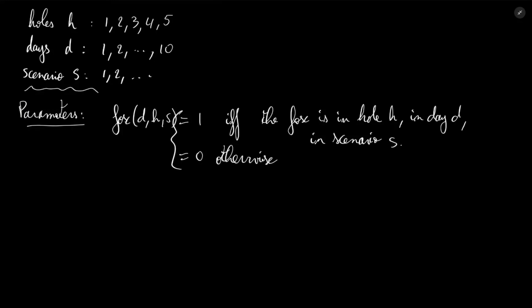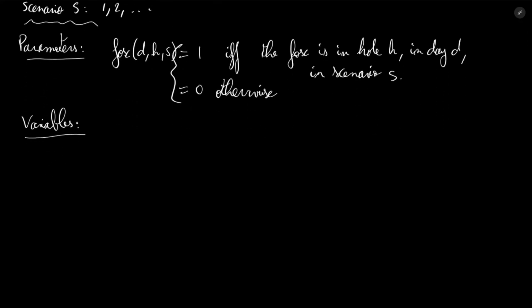Okay, perfect. So now what are the variables of the problem? We are going to first define a variable that is check. We are going to check regardless of the scenario we are in, and we are not sure yet if we are going to catch the fox or not.